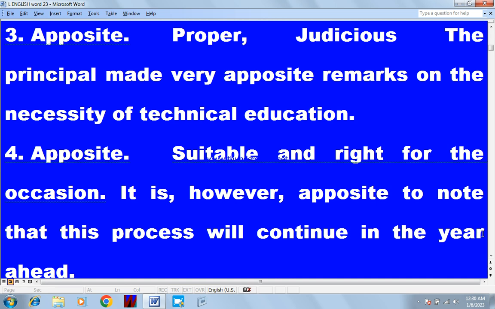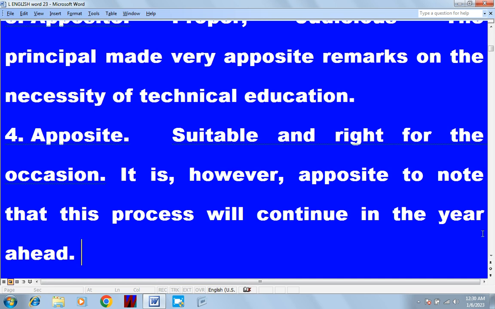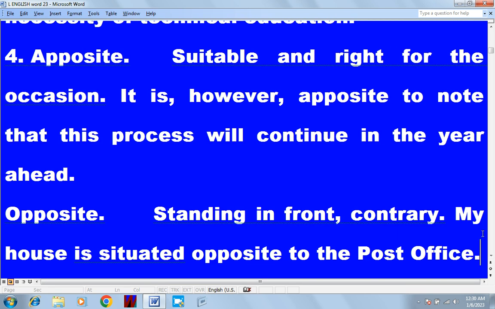Number 4, apposite, A-P-P-O-S-I-T-E, apposite. Suit means suitable and right for the occasion. It is, however, apposite to note that this process will continue in the year ahead or in the future year.